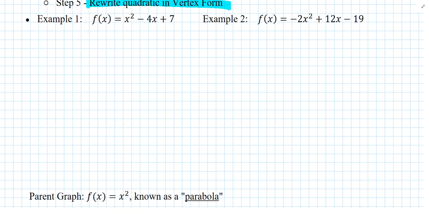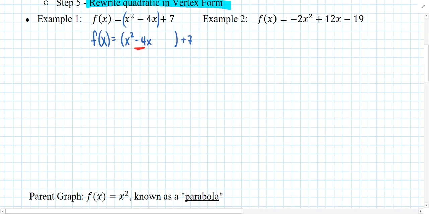In number 1, we could easily isolate c. And after that, we would skip step 2 since the a value is already equal to 1. I'll rewrite the function now with a little more space in the grouping symbols to make room for step 3. Our b value is -4, and half of that is -2, which squared is 4.